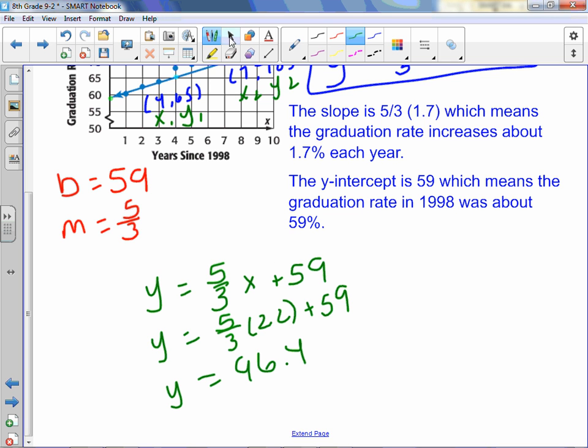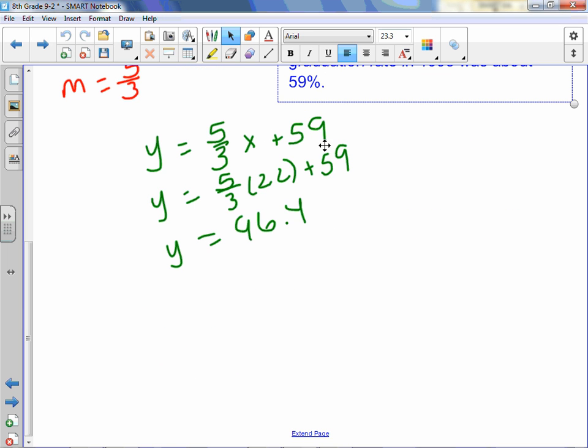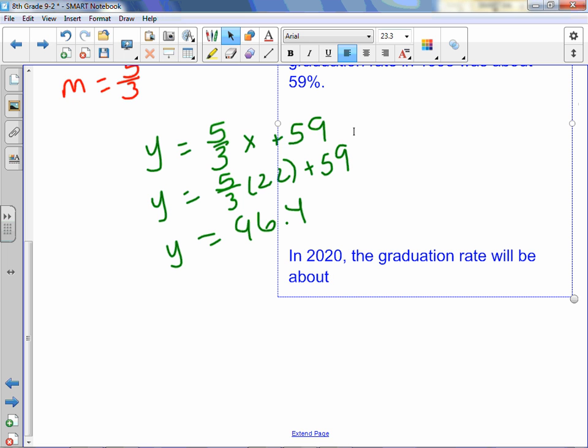So our conjecture here is that in 2020, the graduation rate will be about 96.4%.